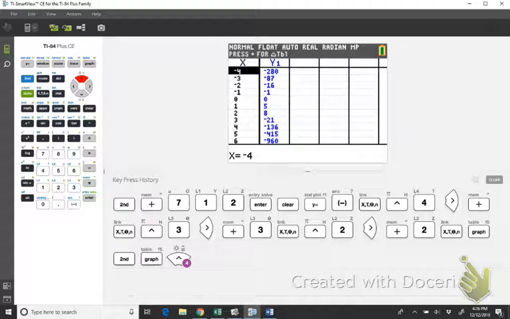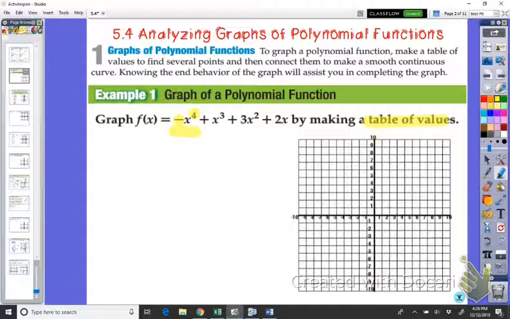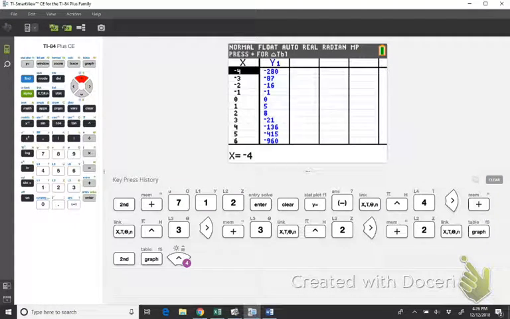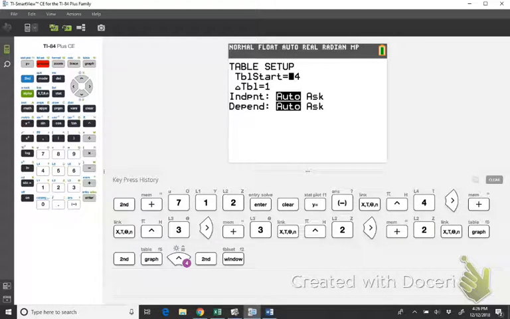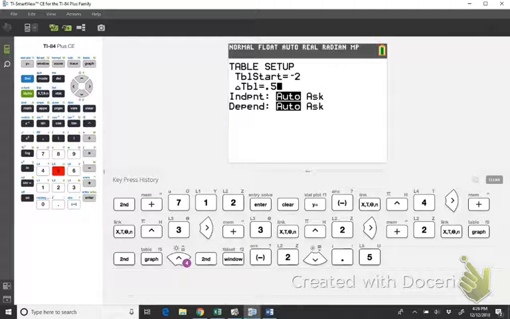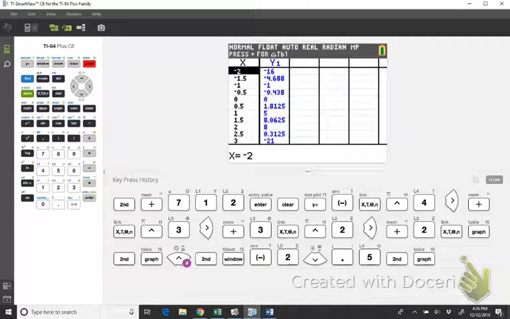Our grid on our notes is only a 10 by 10 graph, so we need to change the settings of our table. So we're going to go second window, which gets the table setup menu. Let's start at like -2, and instead of counting by ones, let's change them to halves, and then go back to your table.